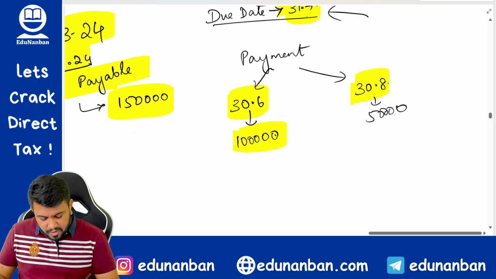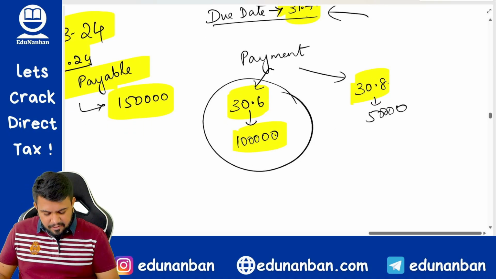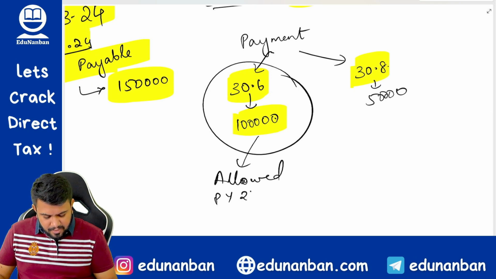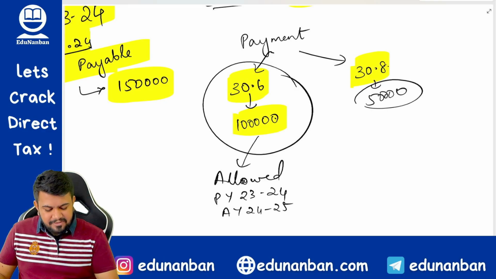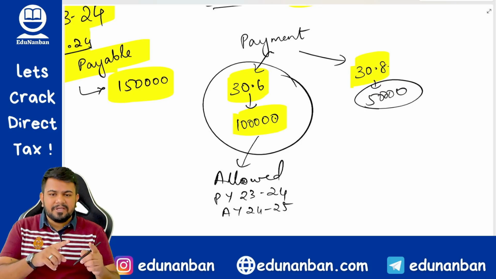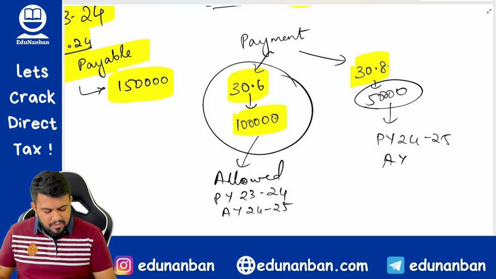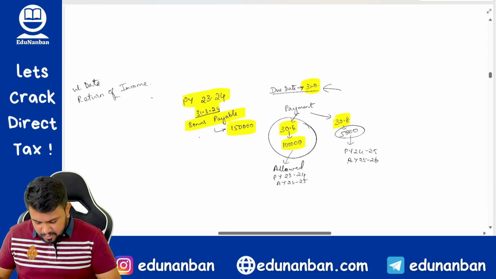Since this payment of 1 lakh is made within the due date of filing return of income, this 1 lakh will be allowed as deduction in previous year 23-24 itself, or you can say assessment year 24-25. However, this balance 50,000 payment was made after the due date, hence this will be allowed in previous year 24-25 and assessment year 25-26. Now I hope you are able to get the point.